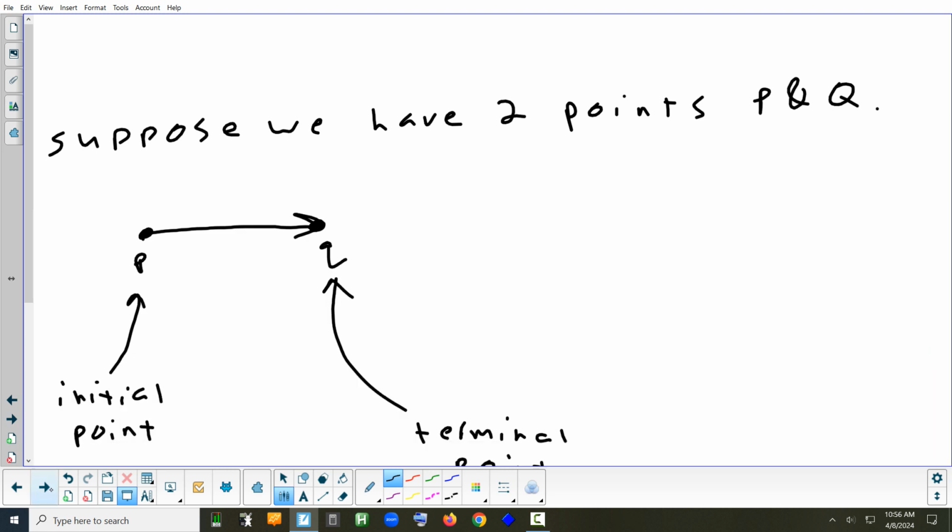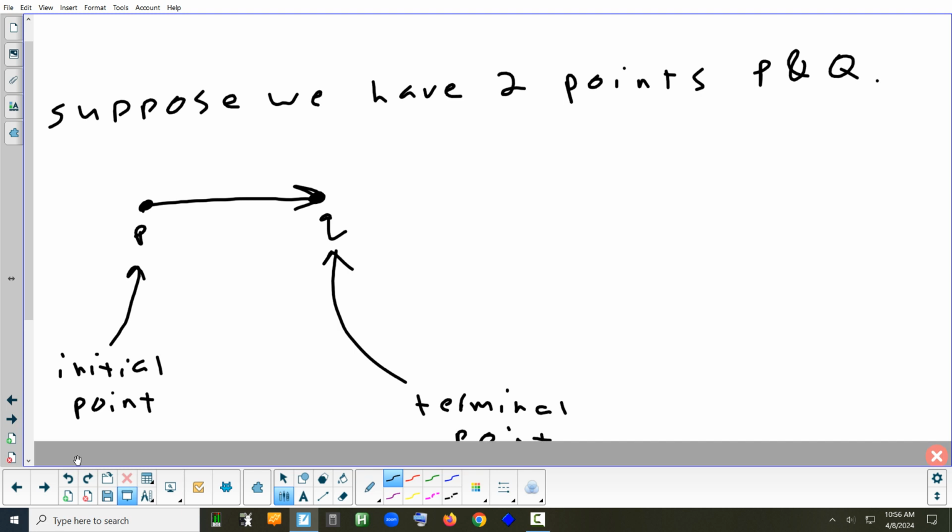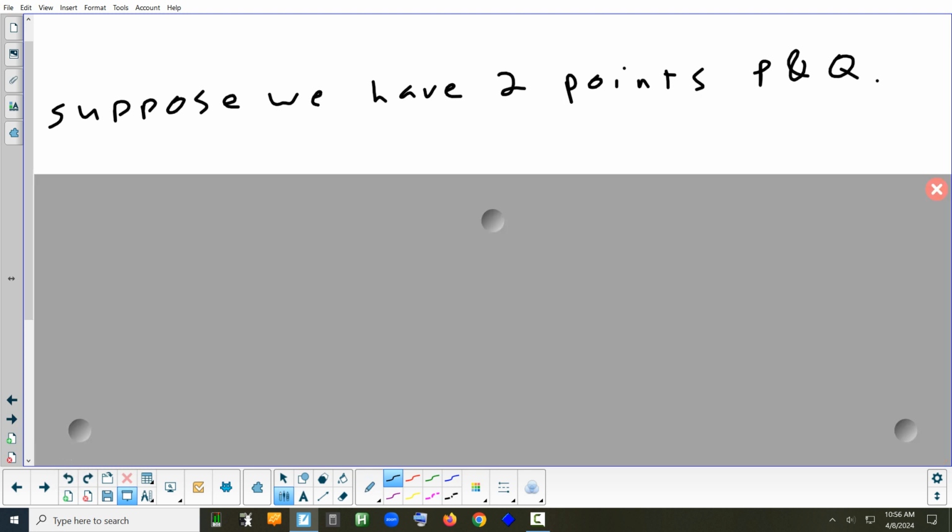So those two points where the vector starts and stops, we usually call them the initial and the terminal point. Initial is where the point would start, and terminal is where it would stop.